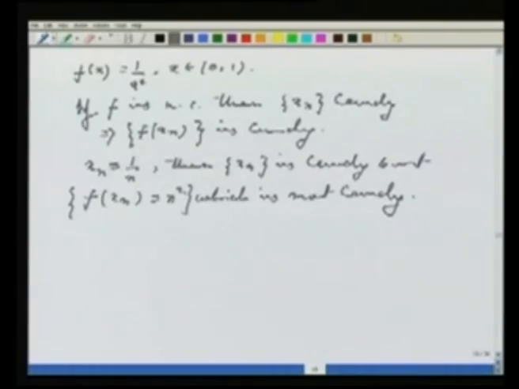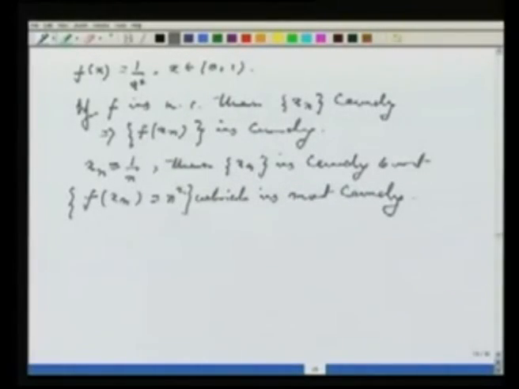But my previous theorem says that if f is uniformly continuous, then a Cauchy sequence will be mapped to a Cauchy sequence by f. I have assumed my f to be uniformly continuous on (0, 1), and I can see that there exists a Cauchy sequence 1 by n which is not getting mapped to a Cauchy sequence. That means f cannot be uniformly continuous.